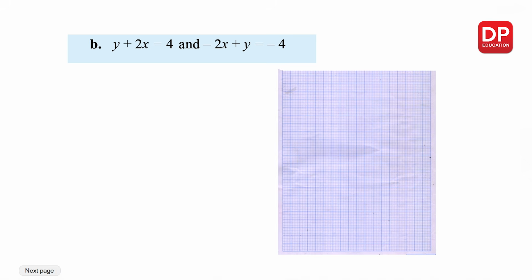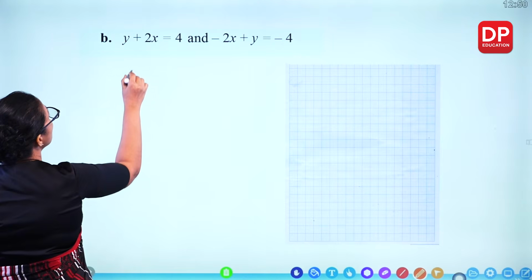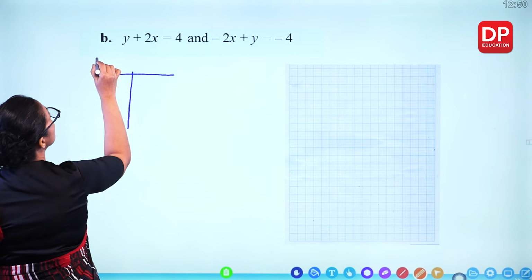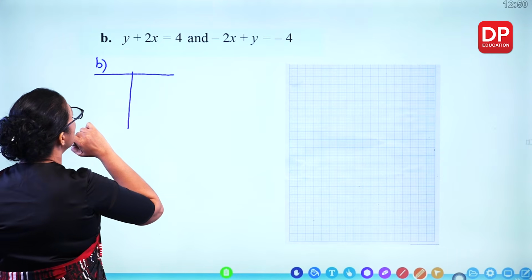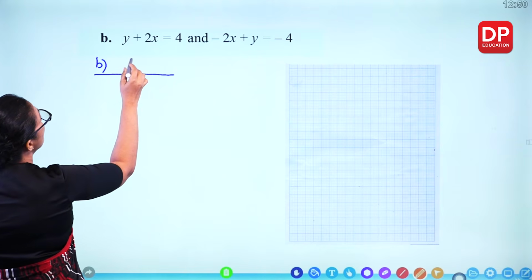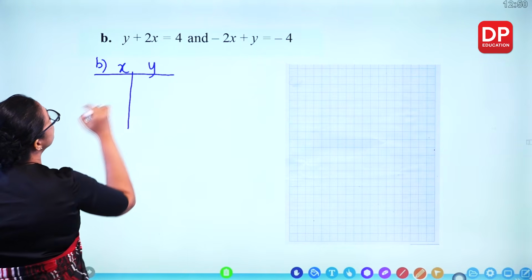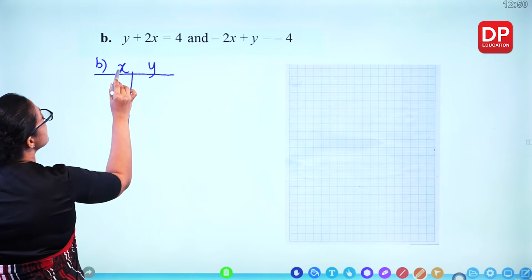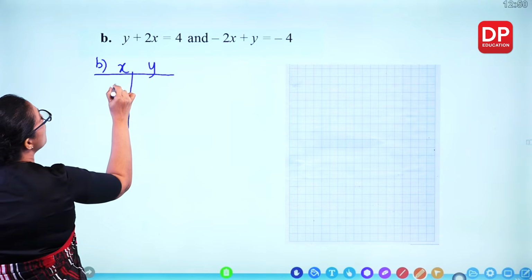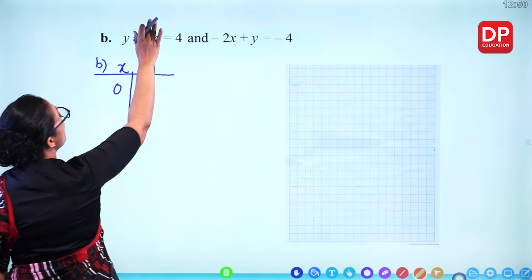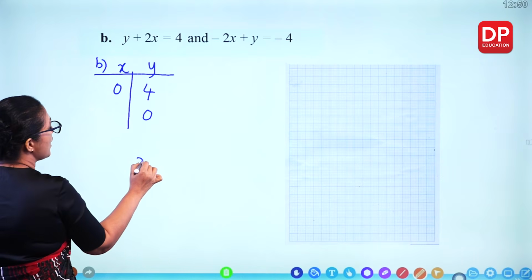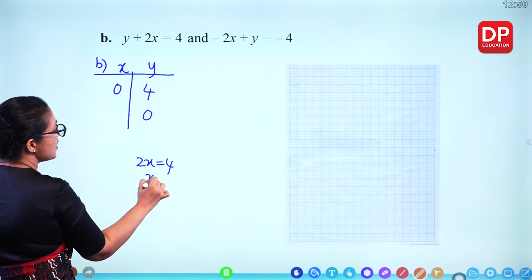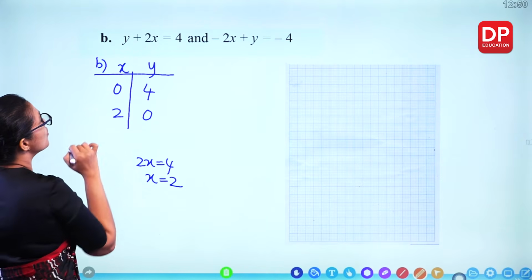Another graph, y equals 2x plus 4. Now we'll take x and y. X equals 0, y equals 4. Y equals 0, 2x equals 4, x equals 2.